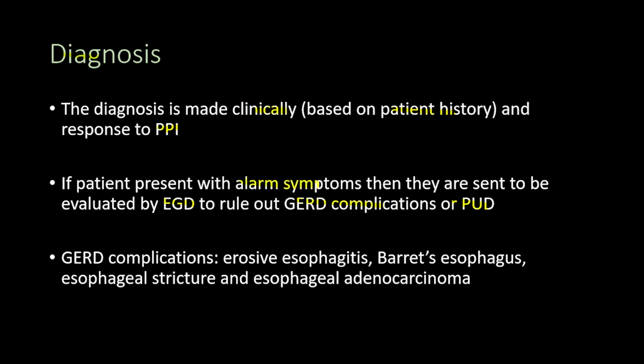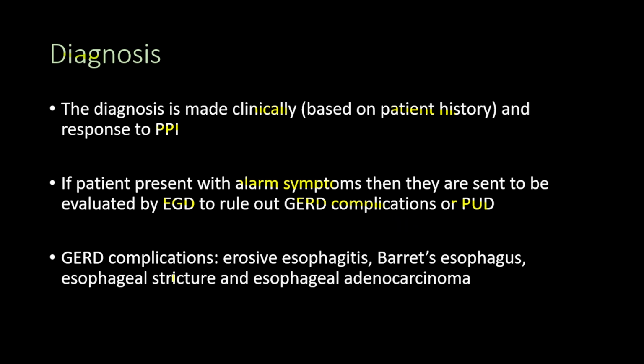Now the alarm symptoms, again, they are the odynophagia, the dysphagia, the anemia, hematemesis, and weight loss. So if the patient mentions any of these symptoms, then they have to be sent to be evaluated by the esophagogastroduodenoscopy to rule out the GERD complications or the peptic ulcer disease.